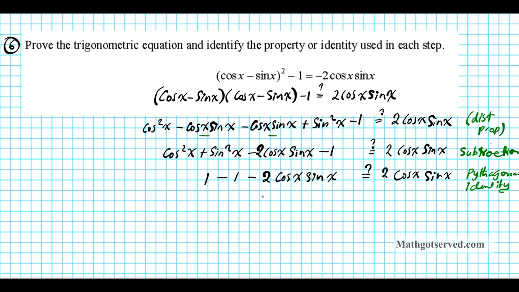So you have negative 2 cosine x sine x. Is it equal to negative 2 cosine x sine x, as indicated earlier? And the answer is yes. So that completes the proof.